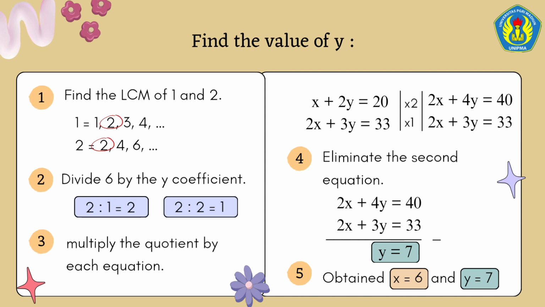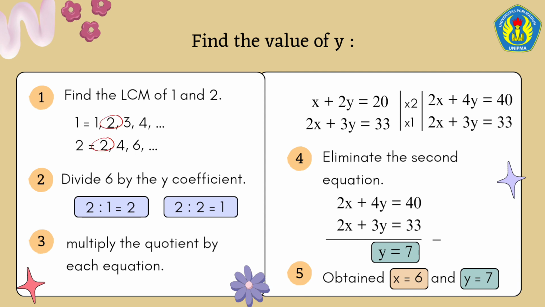After knowing that the LCM of 1 and 2 is 2, we divide 2 by the respective x coefficient. 2 divided by 1 equals 2, multiplied by 2 for the first equation. 2 divided by 2 equals 1, multiplied by 1 for the second equation.